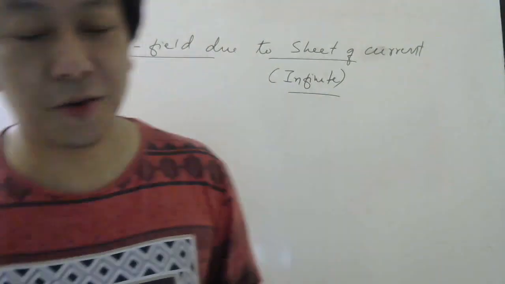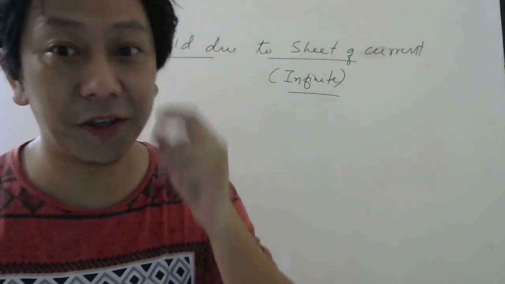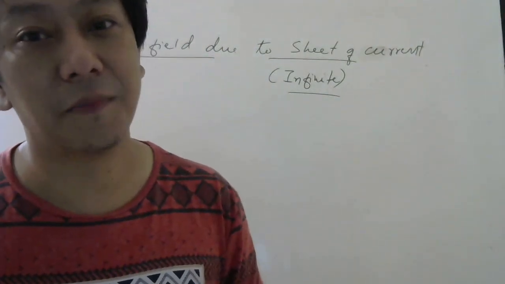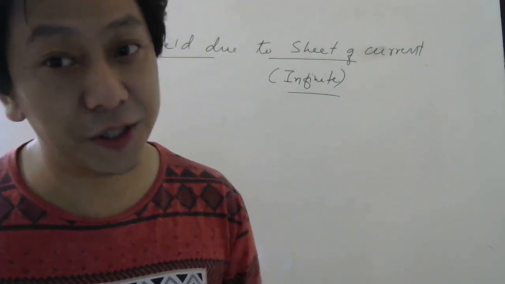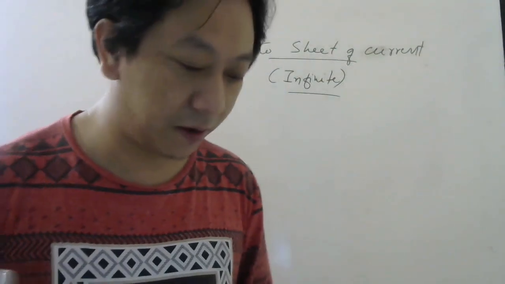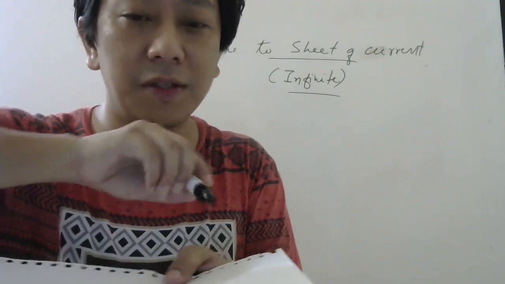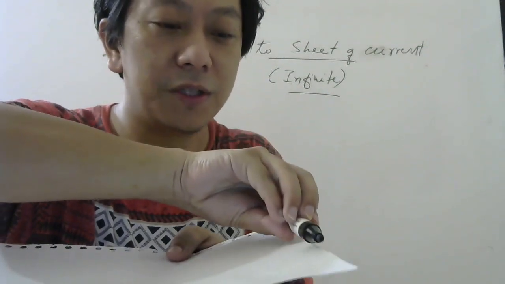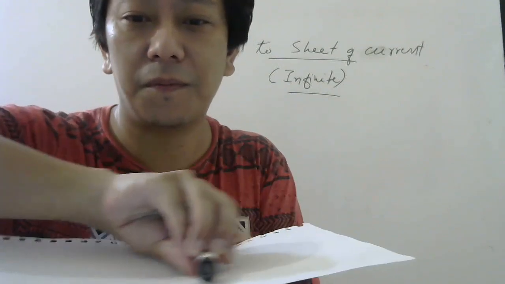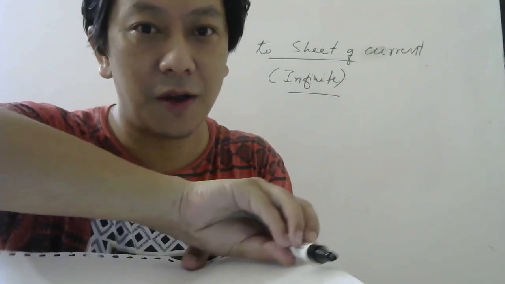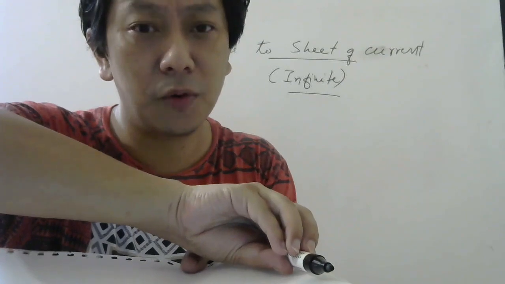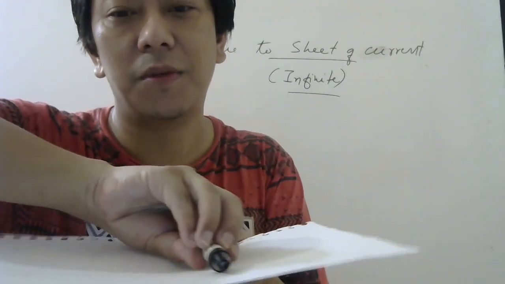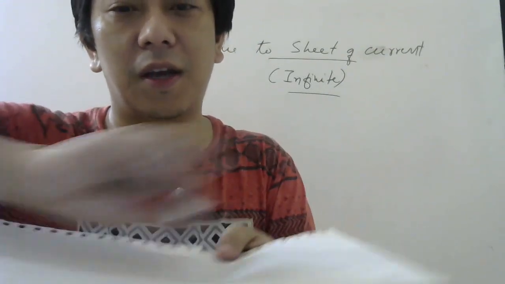This is very similar to the electric field due to a sheet of charge, but this is the magnetic field we have to find due to a sheet of current. Since current has to flow, you can imagine infinite wires kept close to each other, starting from here till here, like that.